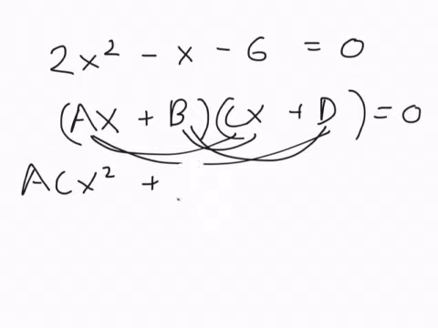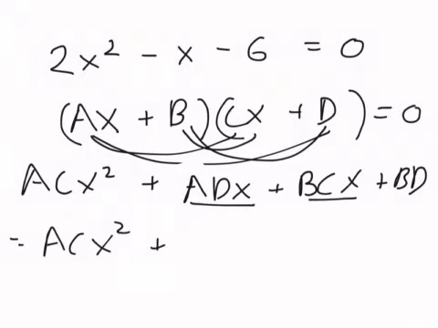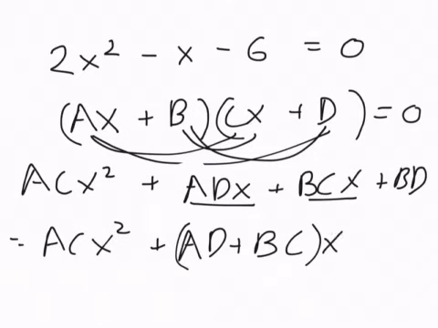See? Everyone makes mistakes. Let's try and do it individually, and then I'll add it up later. adx plus bcx plus bd, which is the same as acx squared plus, putting those x's together, ad plus bc x plus bd.